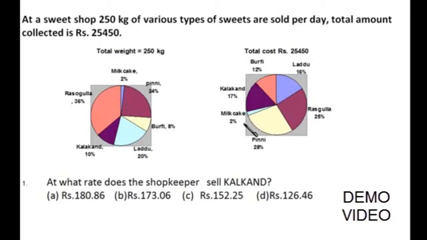It's 2%. So 2% of 25450 is around 500 rupees, right? So this 5 kilogram milk cake, the weight is 5 kilogram, and the cost price of that 5 kilogram is around 500 rupees. Okay, so this is how the calculation is done.